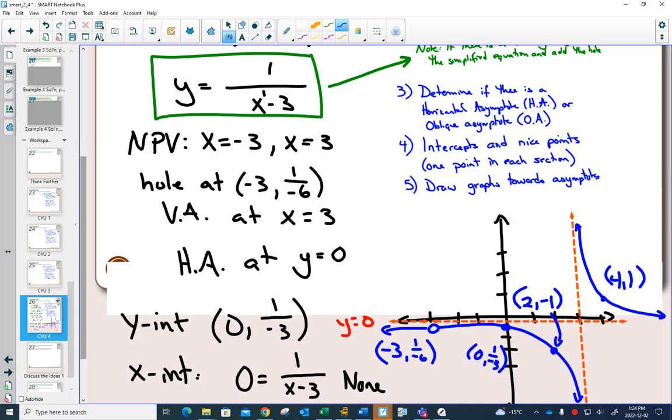So what's happening is sometimes we learn a new technique, and now we have 2 different ways we can do the same thing, and both would be right. If you had graphed what's in the green box using transformations and added the hole, perfectly fine. If you had done it with rational graphs and just nice points and drawing towards the asymptotes, perfectly fine. Okay. End the video here.